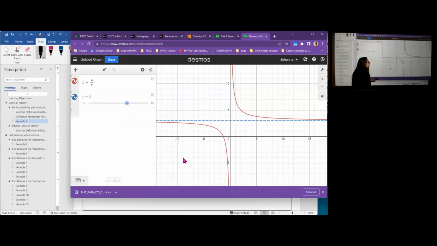You can see in the graph now that on the left, as x approaches negative infinity, it does approach 3 and will get ever closer, but from numbers below 3. And on the right, it again approaches y equals 3, but from numbers above 3 and getting ever closer.